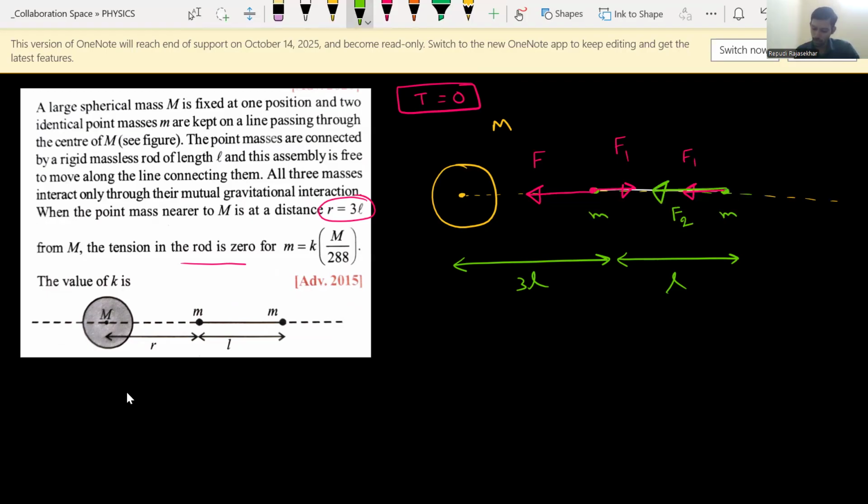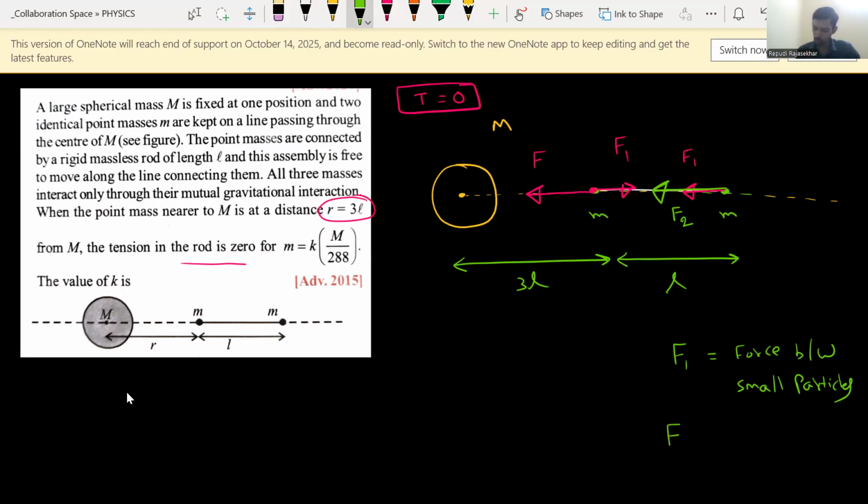Here I will write the terms also. F1 is the force between small particles. Two particles are there, both want to attract each other, that is the force I have represented with F1. F1 is acting on both the small particles.